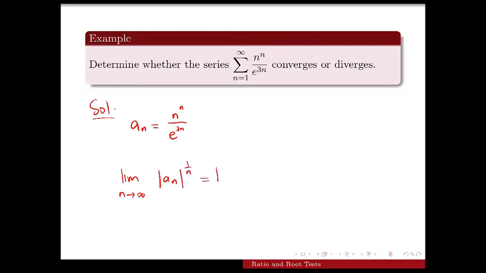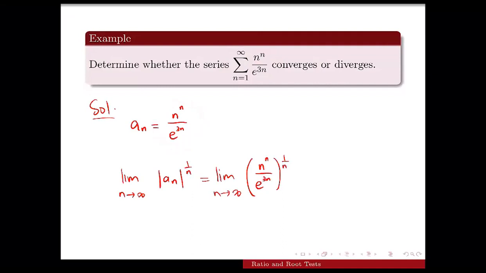So this is equal to the limit as n approaches plus infinity. Let's remove the absolute value thing because these are all positive. So you'll just have n to the n over e to the 3n, you raise this to 1 over n.